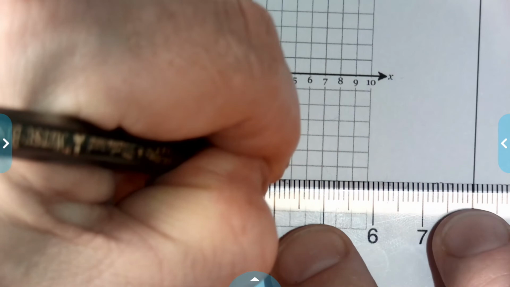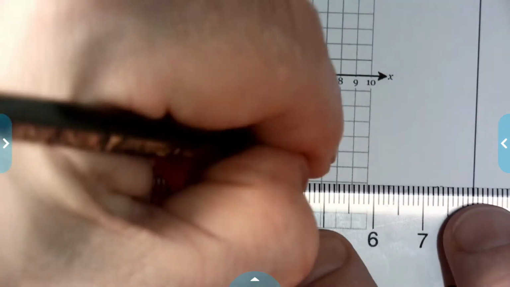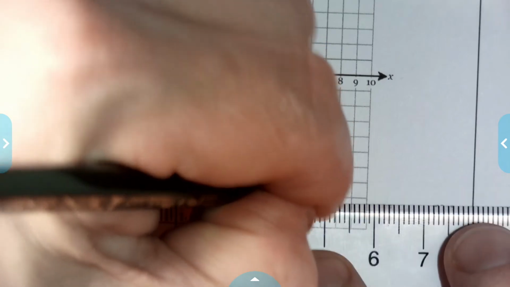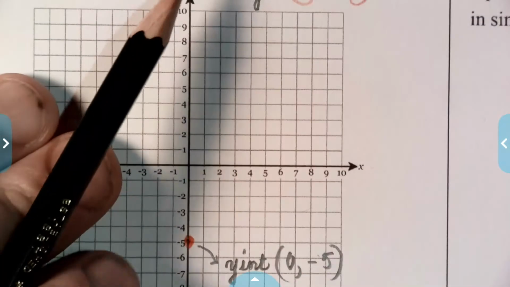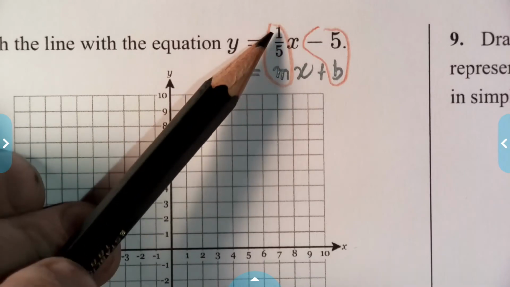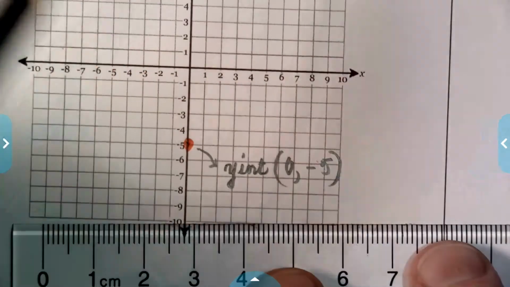So this is the y-intercept, 0, -5. And then from there, the slope is telling me to go up 1 unit and to the right 5 units. So up 1 over 5.